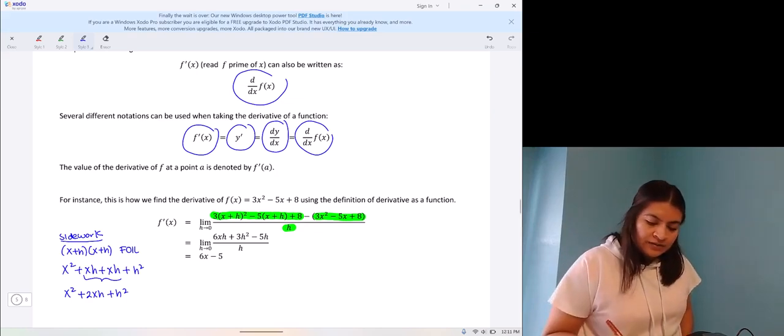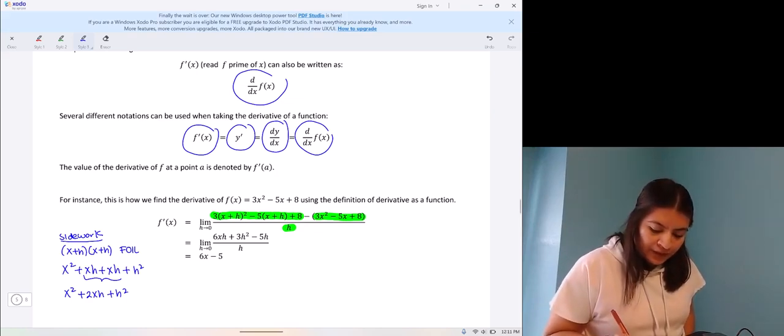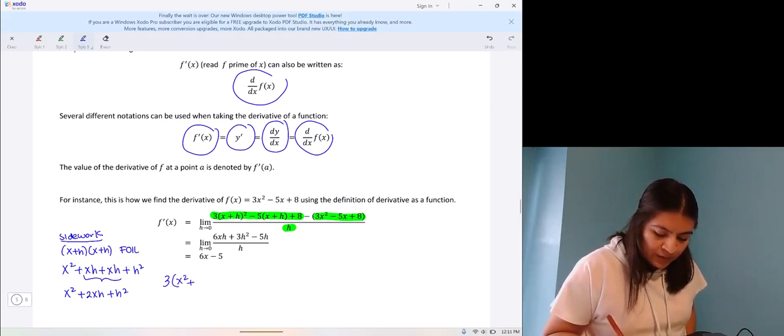And so simplifying the top, we have 3 parentheses x squared plus 2xh plus h squared minus 5 times x plus h plus 8 minus 3x squared minus 5x plus 8.